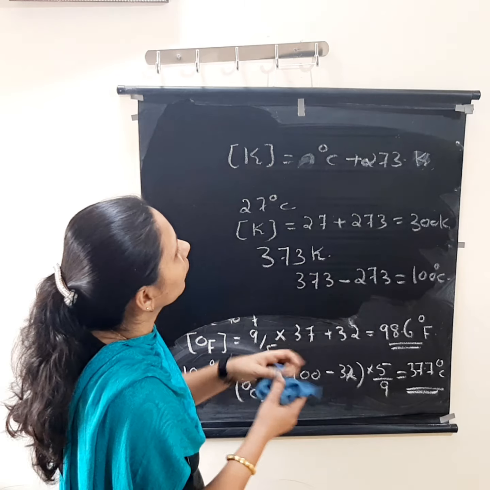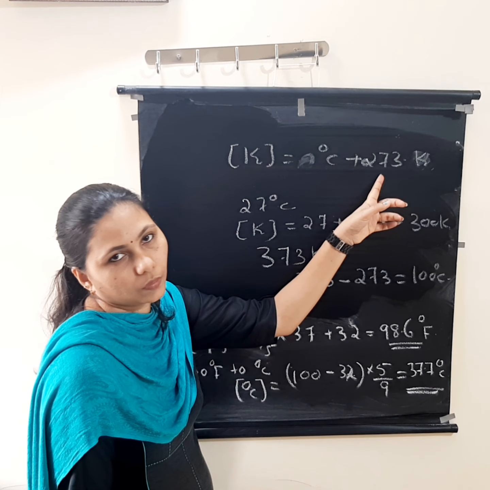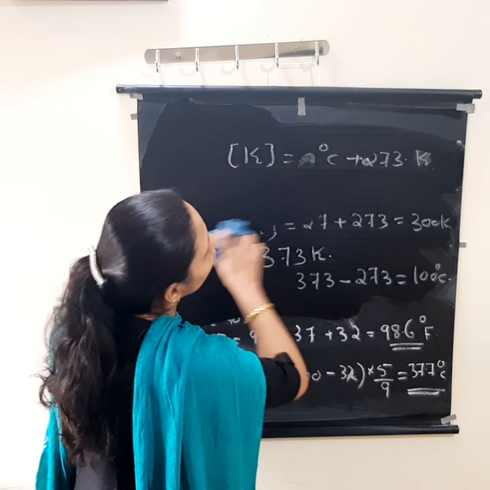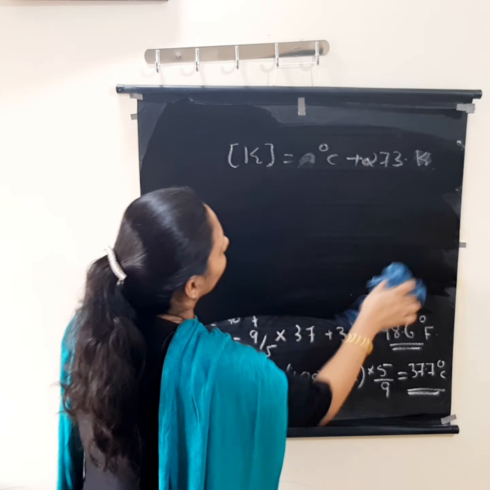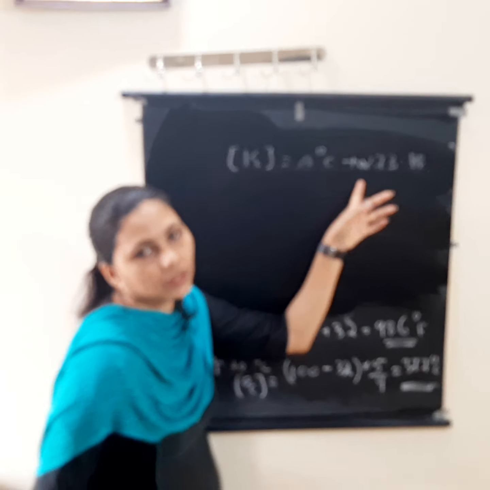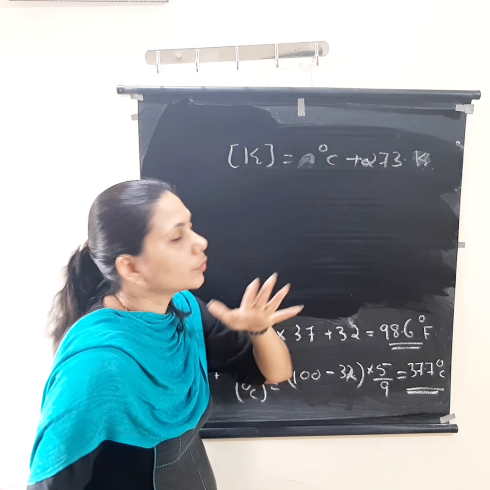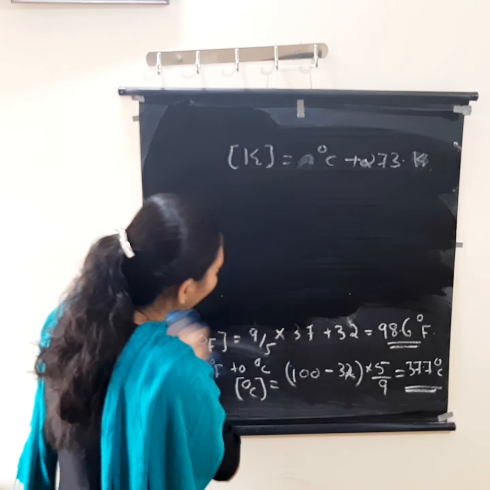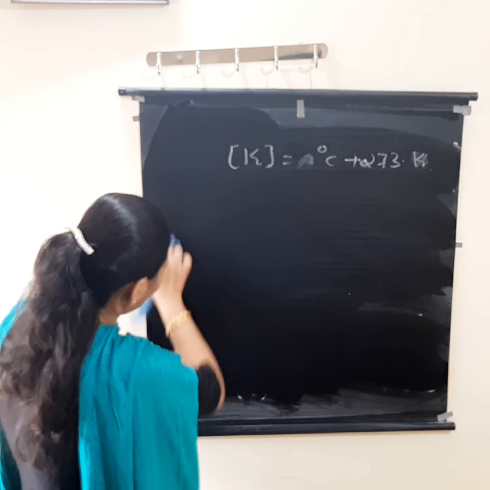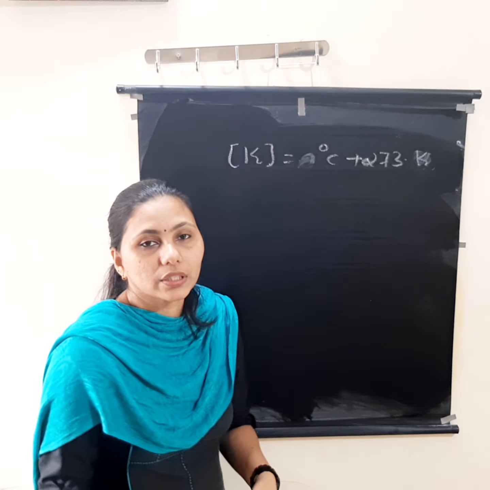So Kelvin scale equals degree Celsius plus 273. Given temperature in degree Celsius plus 273, we get the Kelvin scale temperature. Clear?